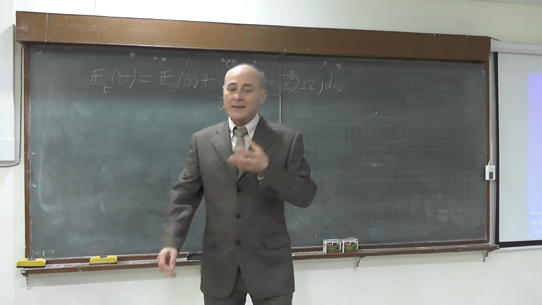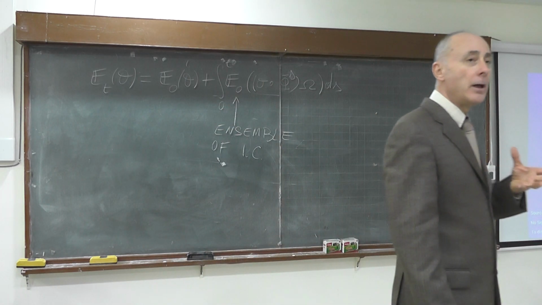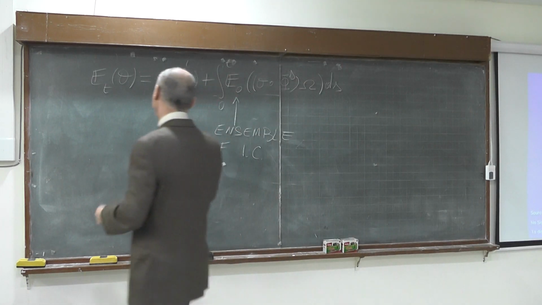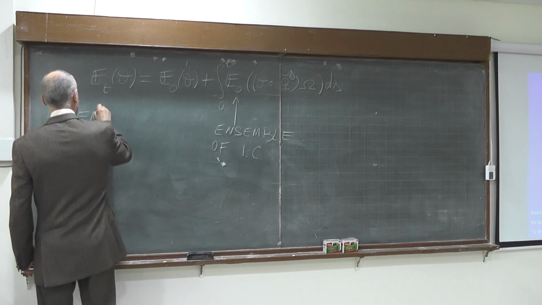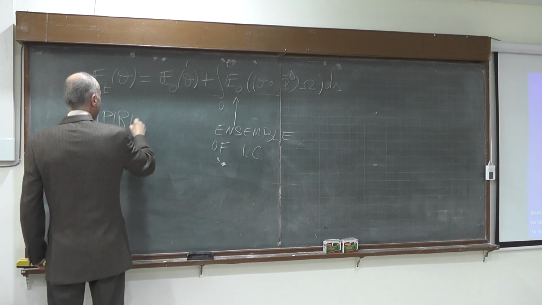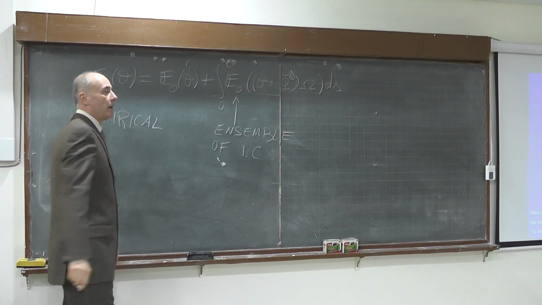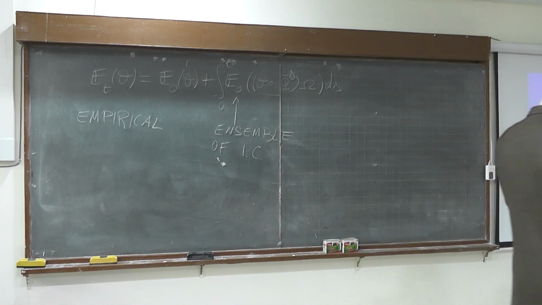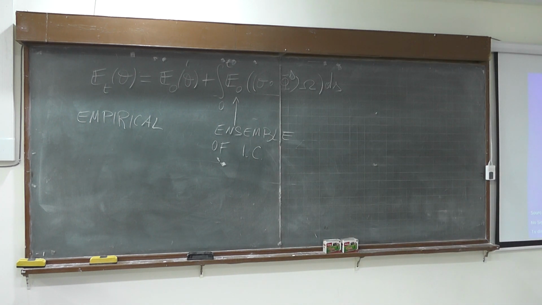But suppose that things are more complicated. Then you have to rely on what is called an empirical distribution, not a theoretical one. An empirical distribution means something that you get by getting your hands dirty.